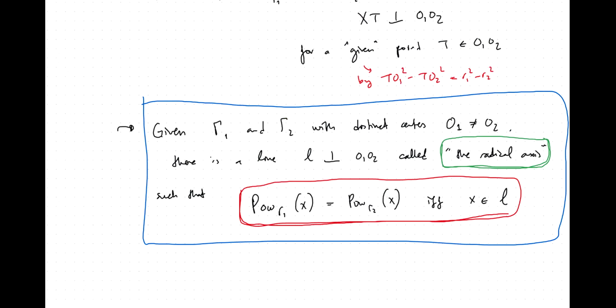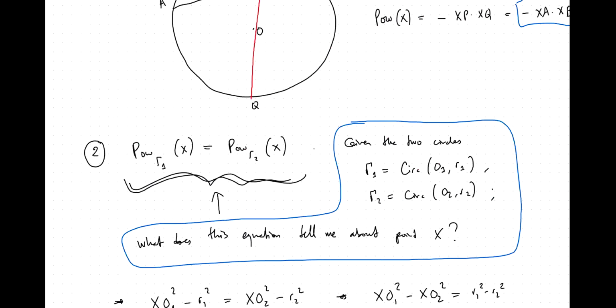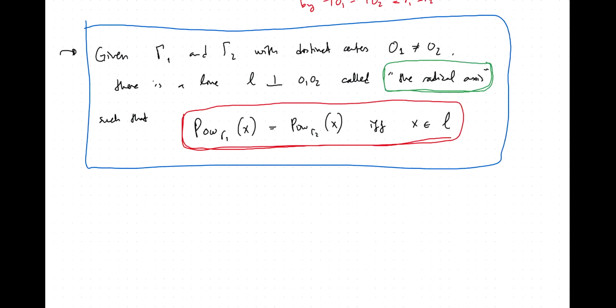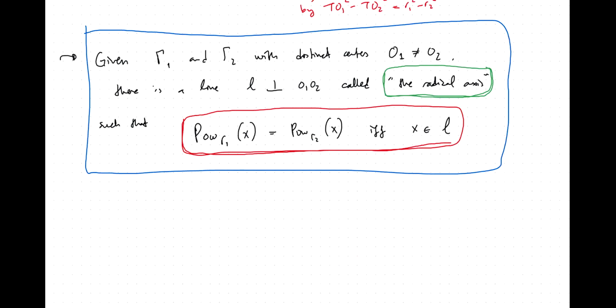Yeah, this is also a line because power is simply a distance squared with a certain offset. So if you put a constant here, what you are doing is you can change the radius of the circle gamma 2. You can increase or decrease the radius of one of them, so it will be a new circle with the same center. This time the powers will be equal.